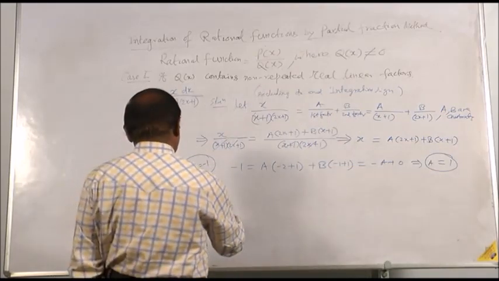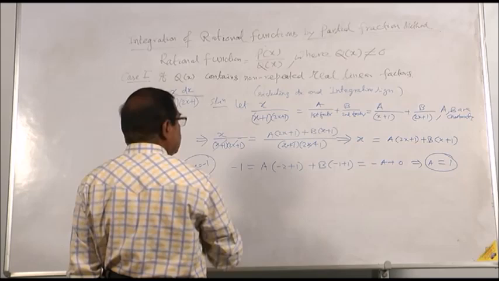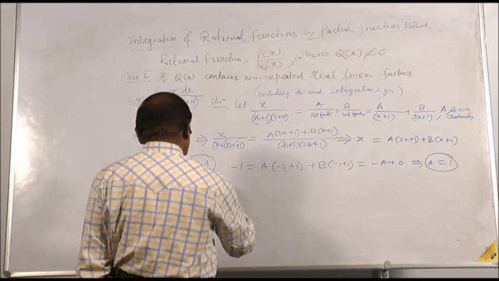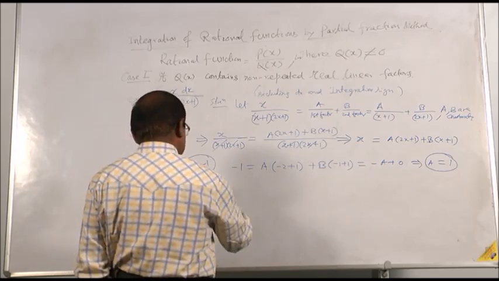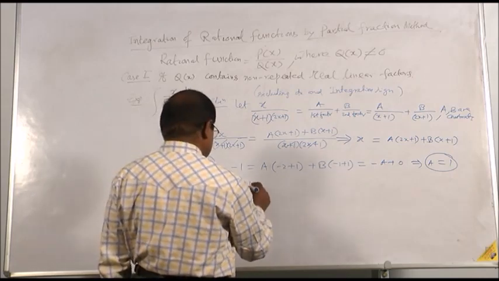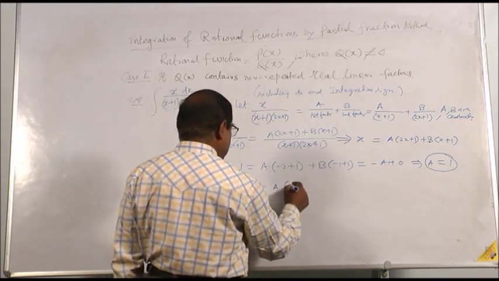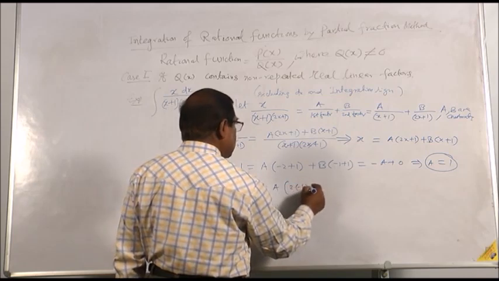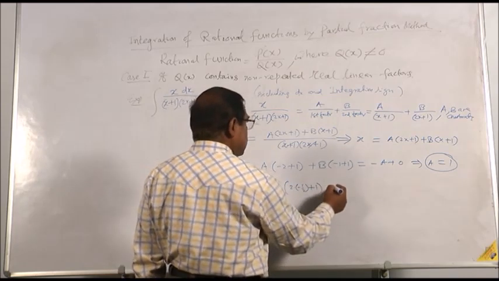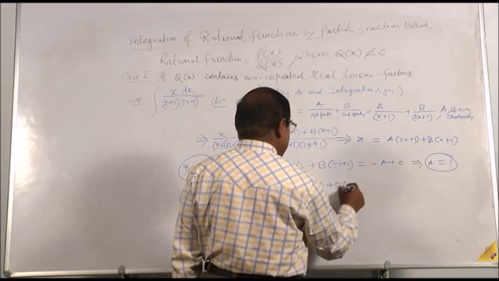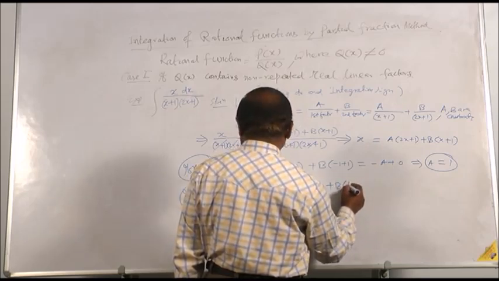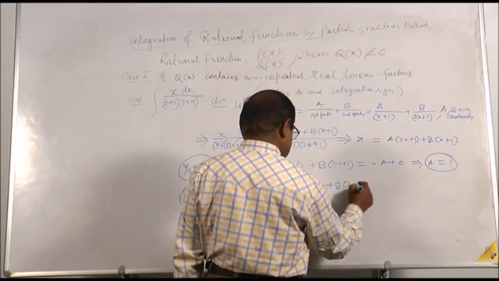If we put x equal to minus half, we get minus half is equal to A into (2 into minus half plus 1) plus B into (minus half plus 1).